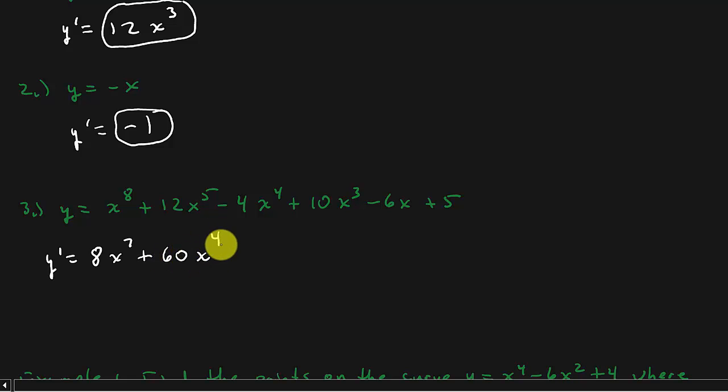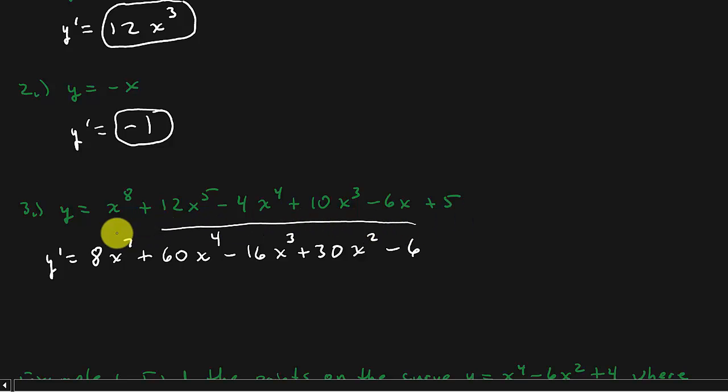Minus, and then the 4 comes down. 4 times 4 is 16, subtract 1 from the exponent. The next one, 3 comes down, that's 30, subtract 1 from the exponent. The derivative of minus 6x is minus 6. And the derivative of 5, a constant, is 0. So there's your derivative.